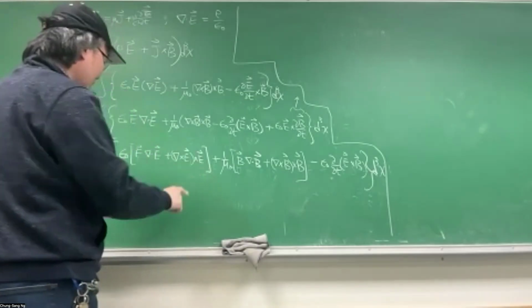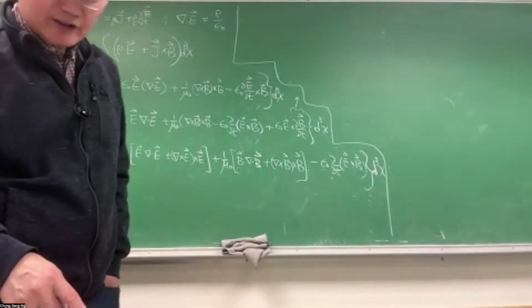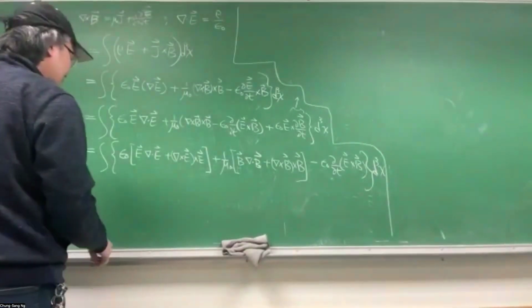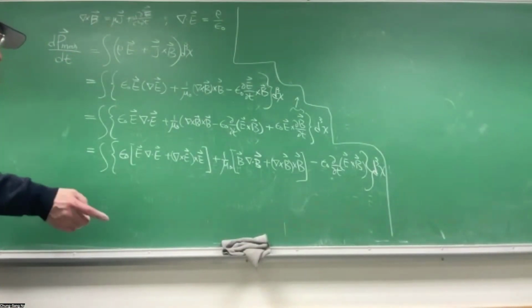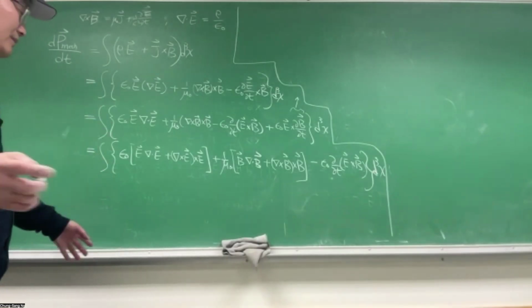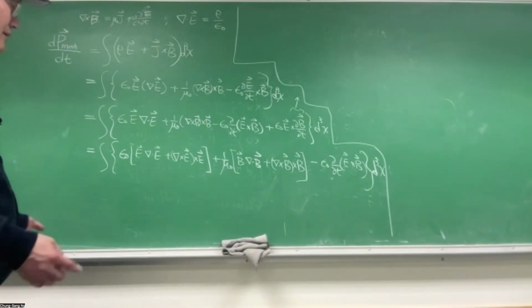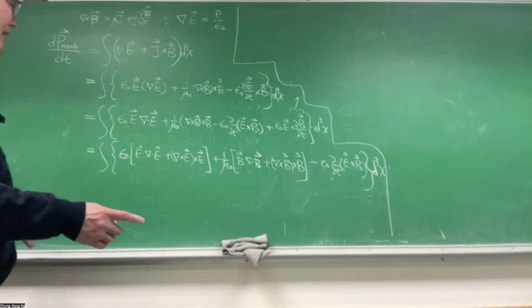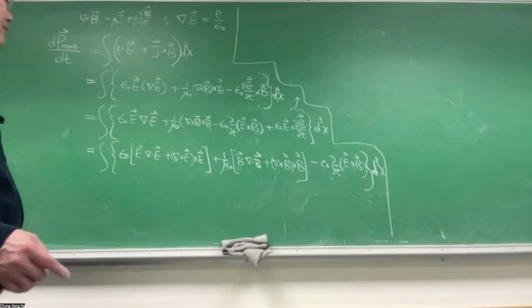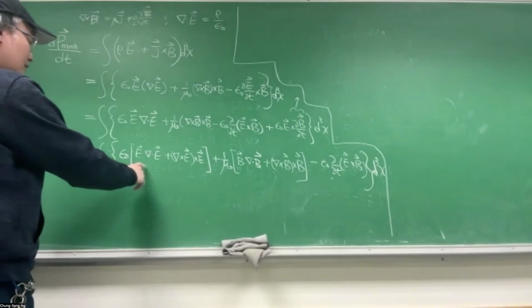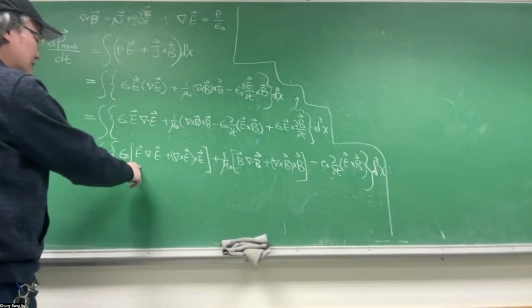I mean, there are two different ways to work on that. What Jackson did is consider one component, and once you work on one component, it's clear to see that the other components are the same, then you can combine those into the final form you want. Another way to do it is to use what we call tensor notation.